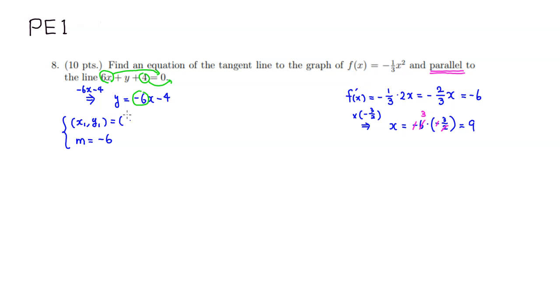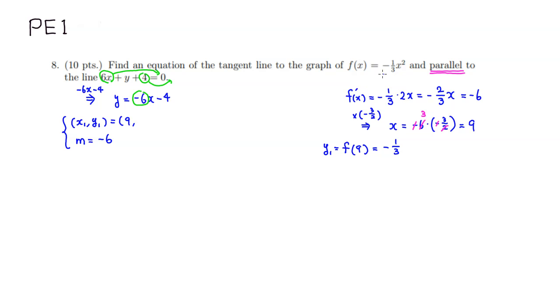So we're going to set x1 to be 9. Then all you have to do is find y1. In order to find y1, all you have to do is plug in. So y1 is equal to f of x1, which is f of 9.